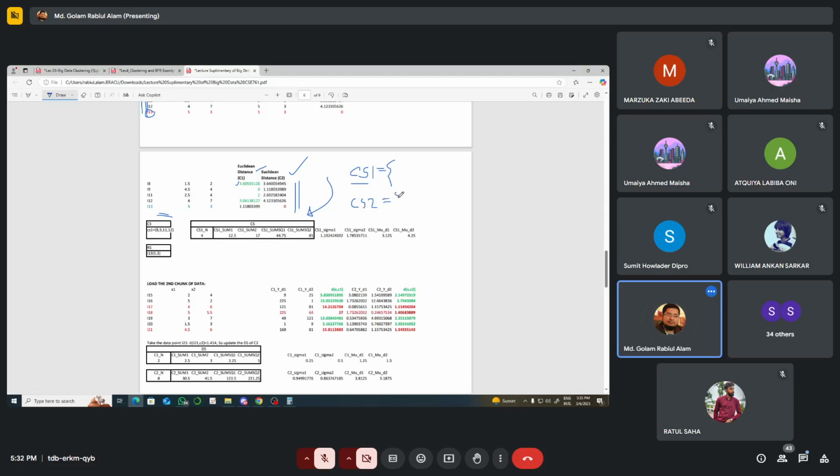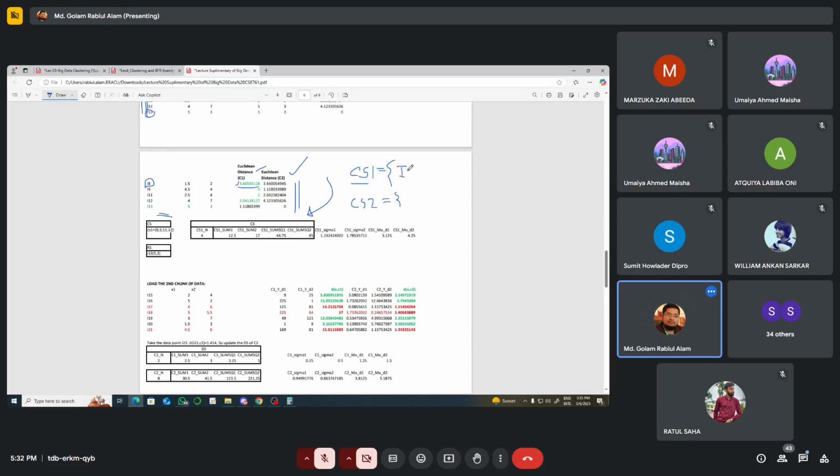For I8, comparing these two values, the minimum is this one, 60, so I8 we place in C1.